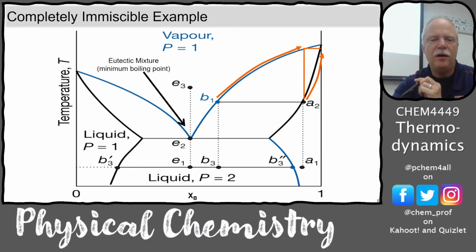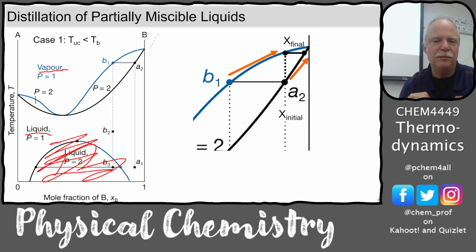So let me go back up here. This one is missing, this guy right there. So we don't have the boiling line. Essentially, that boiling line has been moved out to the far edges over here as a vertical line.